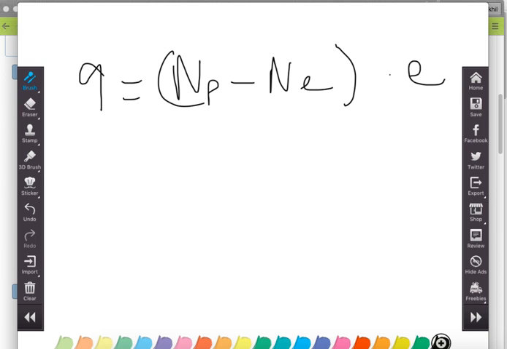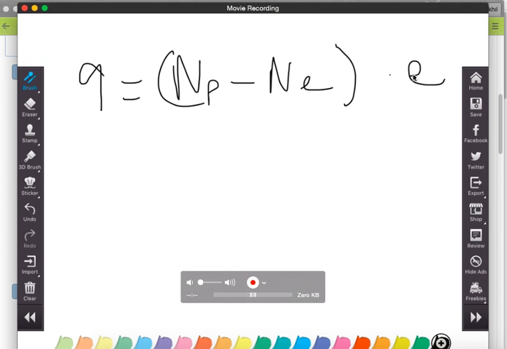This means that this charge is in fact a multiple of e, because this is going to be an integer value, since you can't have a fractional number of protons or electrons, and then e is some value, so Q is always going to be a multiple of e.